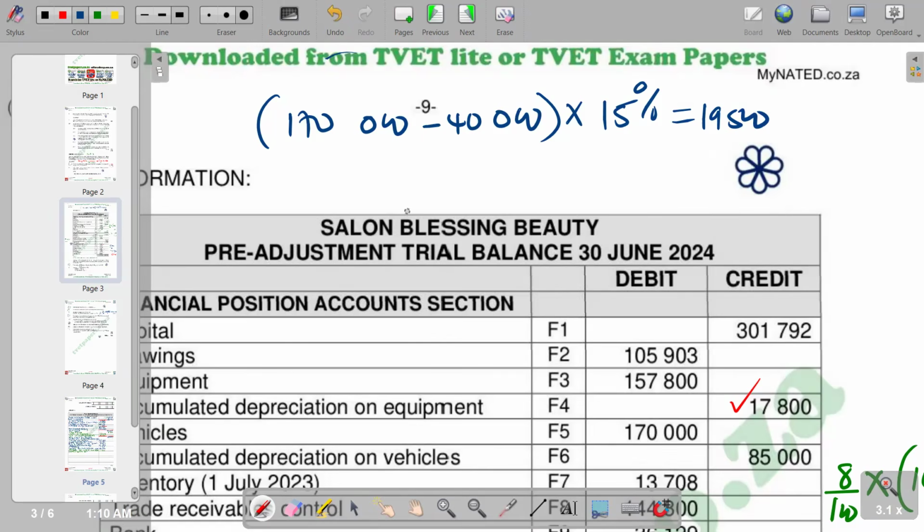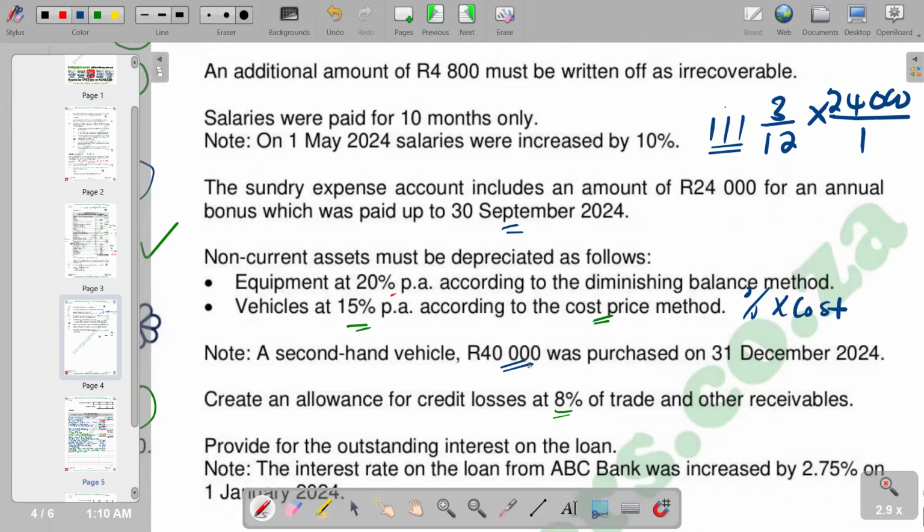Then we calculate the one for 40,000 that was introduced during the year. It was introduced on 31 December, so it stayed from 1 January 2024 to 30 June at the end of the period. So in that case, it stayed for 6 months. So you're going to multiply by 6 over 12. If you say 15% of 40,000, you get the annual amount. Since it's per annum, then we reduce it to the number of months that the non-current asset stayed.